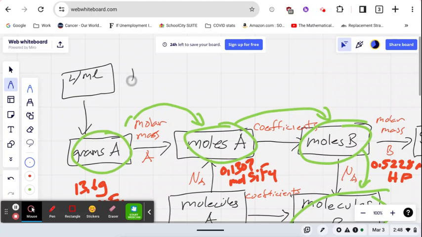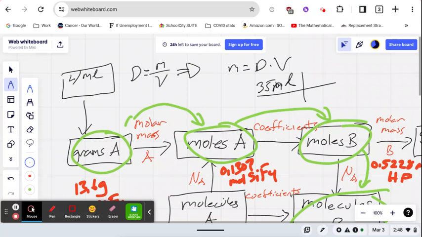Remember that density is equal to mass over volume, so mass is equal to density times volume. If you had 35 milliliters of something and the density is 0.735 grams per milliliter, you just multiply those two numbers together, and that'll get you your grams.